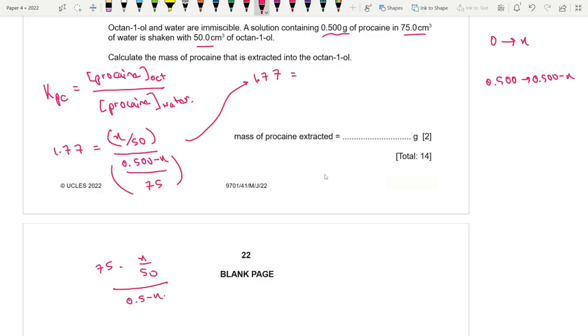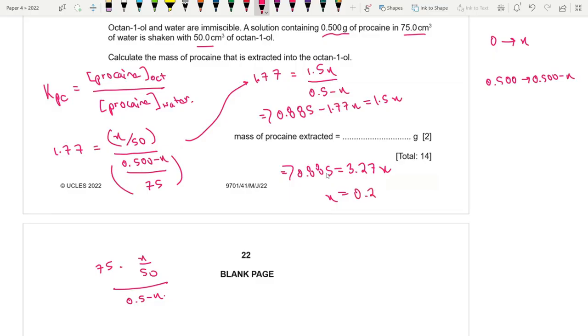So 75 by 50, so that's 1.5x divided by 0.5 minus x, followed by 0.5 times 1.77, which is 0.885. So 0.885 minus 1.77x is equal to 1.5x. So 1.5 plus 1.77 is 3.27. So that's 0.885 is equal to 3.27x. So the value of x is ultimately 0.271. Awesome.